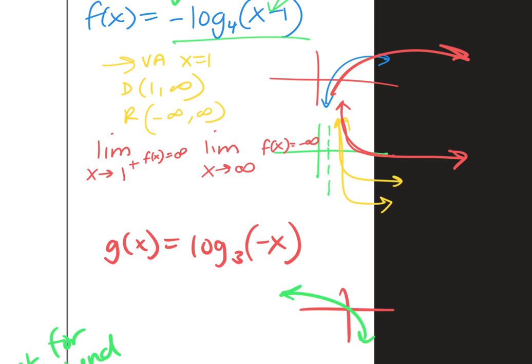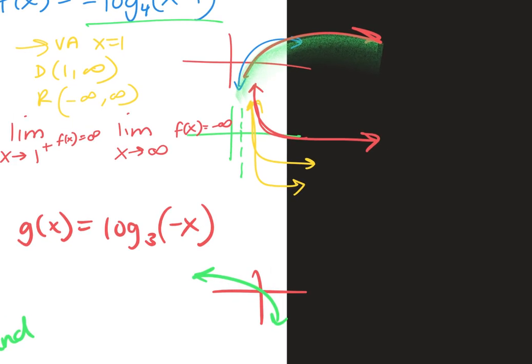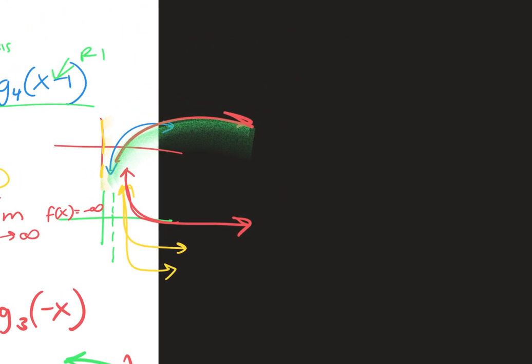So if I look, for example, at my initial parent function, which is this one, my values are never going to get past where the vertical asymptote is, which in this case is at 0. So if I wanted to describe the end behavior of my parent function, it would be: what's the limit as x approaches 0 from the right, because it's coming from the right and approaching my vertical asymptote, right?